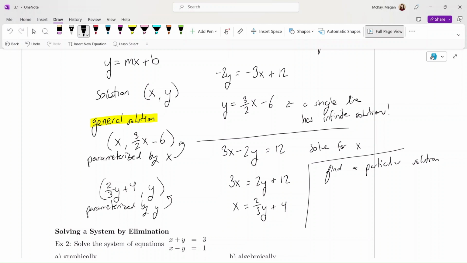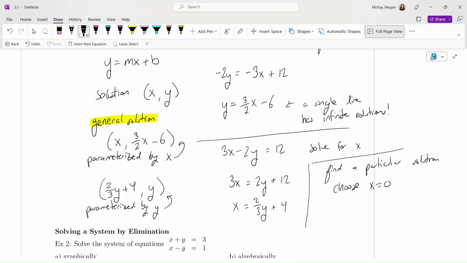Because it has infinite solutions, any x value will work. But we have to find the correct y value that goes with whatever value of x we choose. So let's pick something simple. How about we choose x is equal to 0?